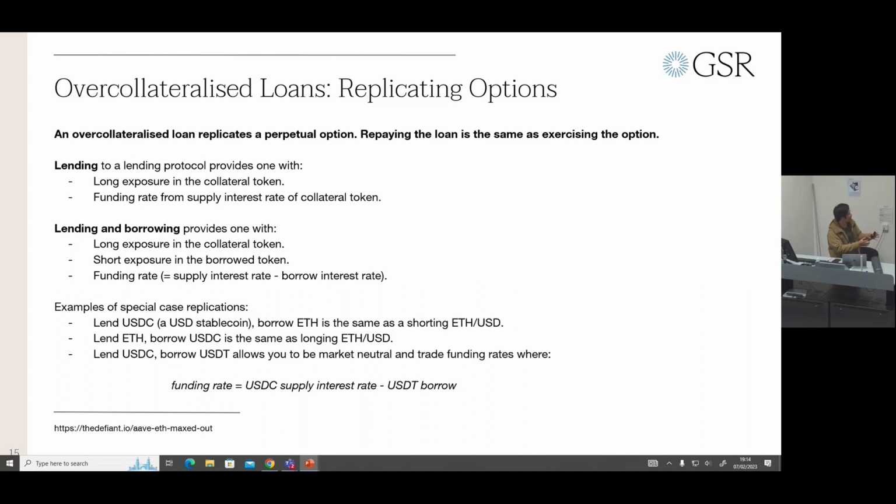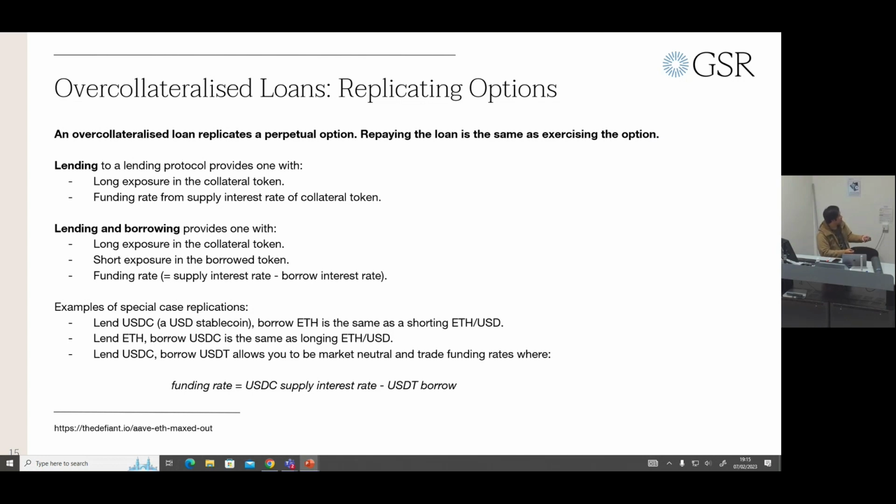The two main things to look at are the supply and the borrow interest rate. That makes your funding rate very similar to a perpetual option. And when it comes to lending or borrowing, you just need to be cautious of those two.